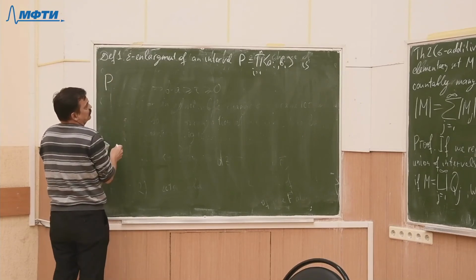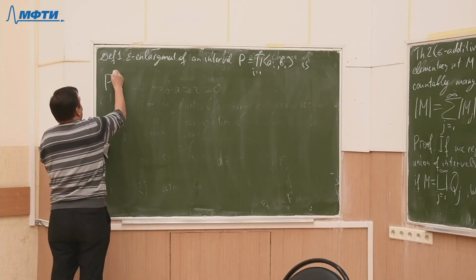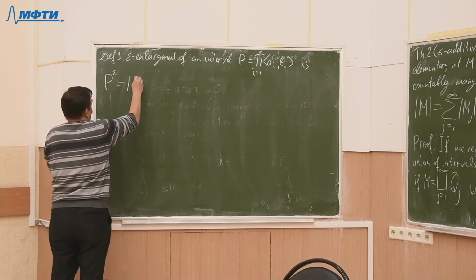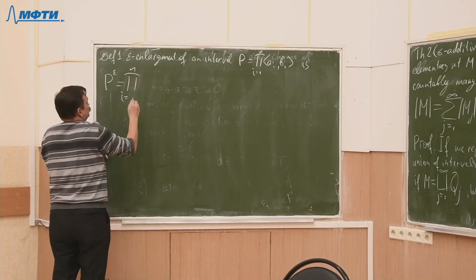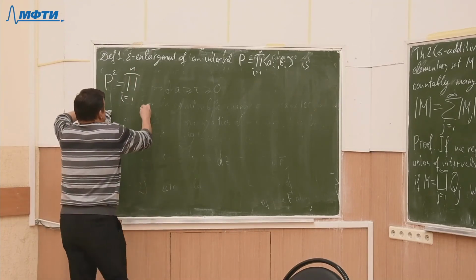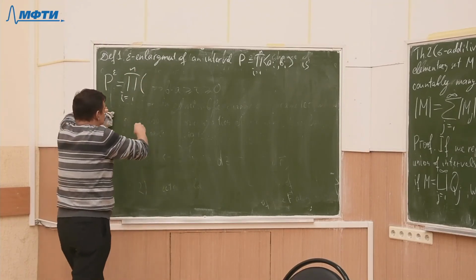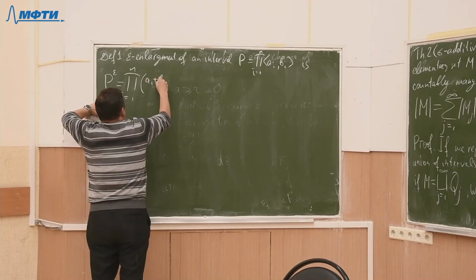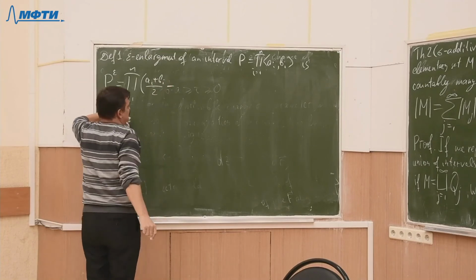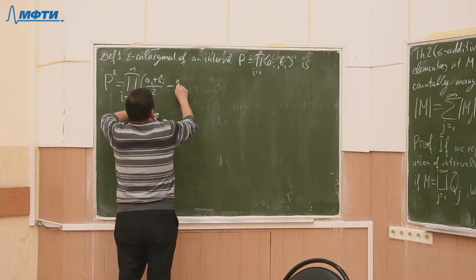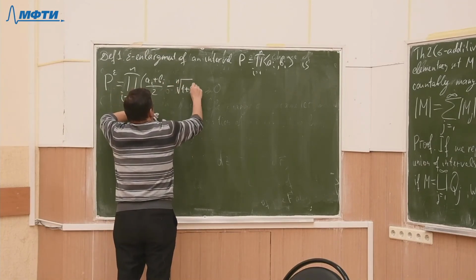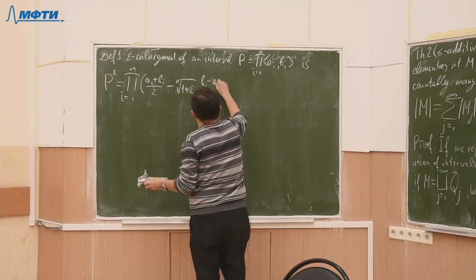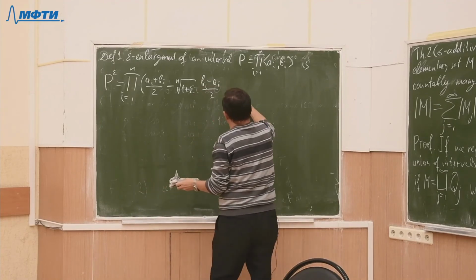P epsilon is equal to the product, i from 1 up to n, of the open interval from (ai plus bi)/2 minus the nth root of (1 plus epsilon) times (bi minus ai)/2, to the symmetric right endpoint.